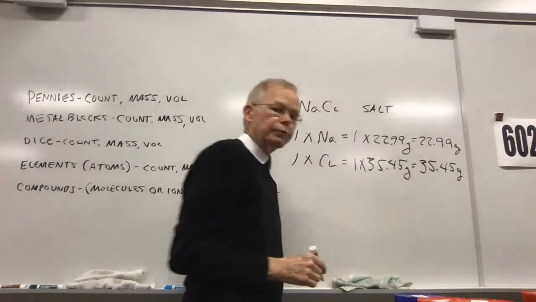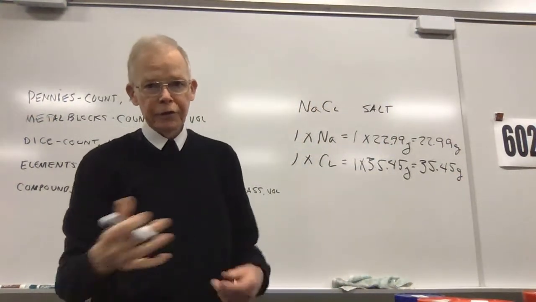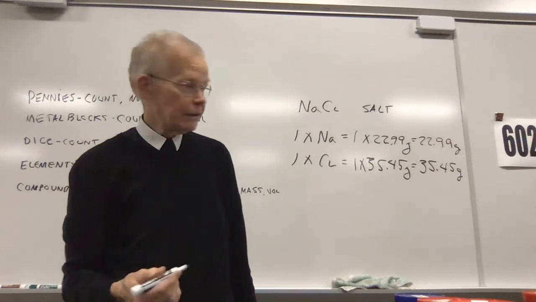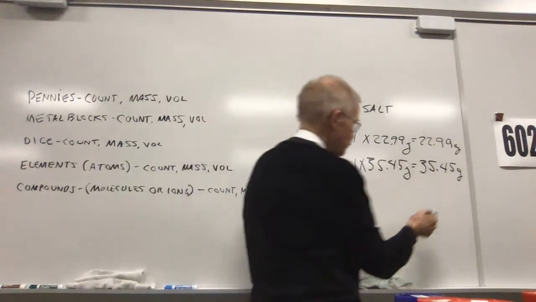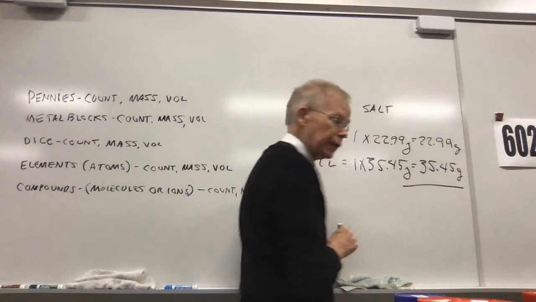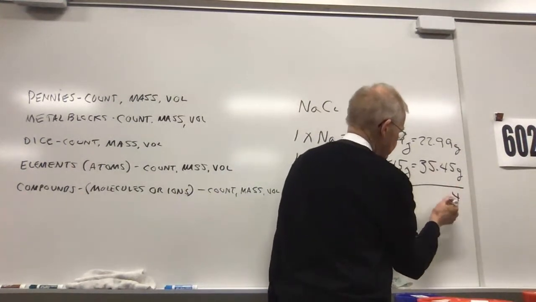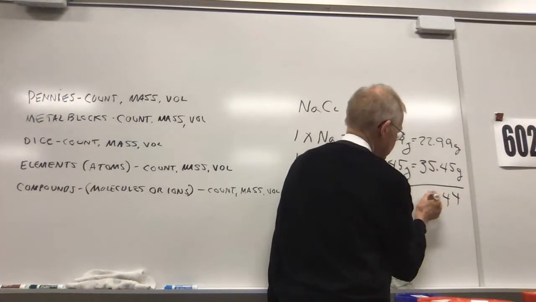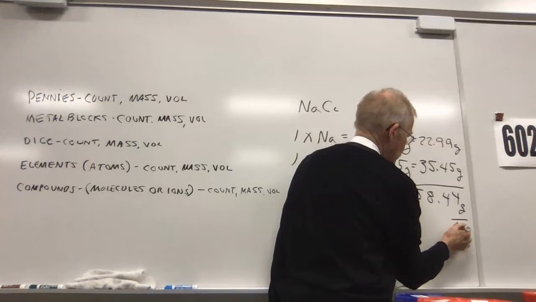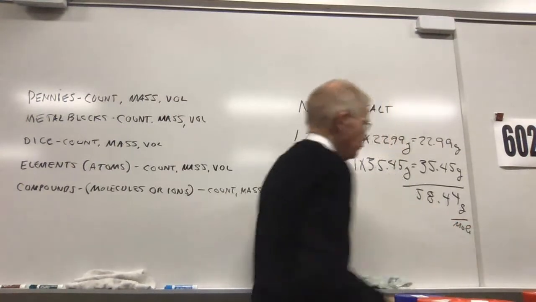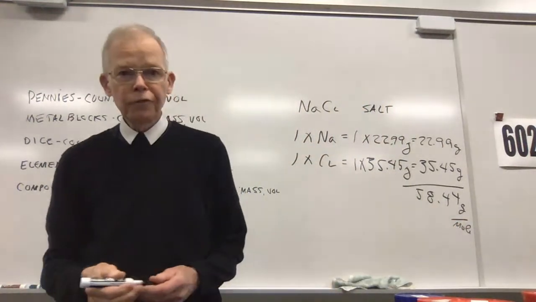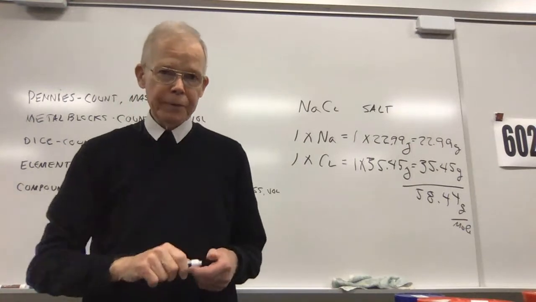And there's the 2 components that eventually we can add together. And that's a simple process for us. Use your calculator, use your head. My total mass for sodium chloride is 58.44 grams for 1 mole of it.